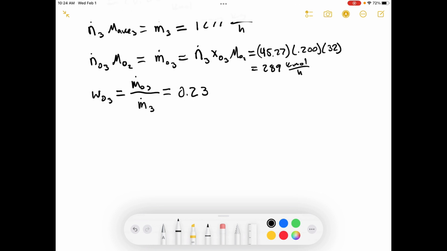And they asked for the percent by mass of oxygen. So we have the weight fraction of oxygen. So in order to get percent mass of oxygen, it is 23%.